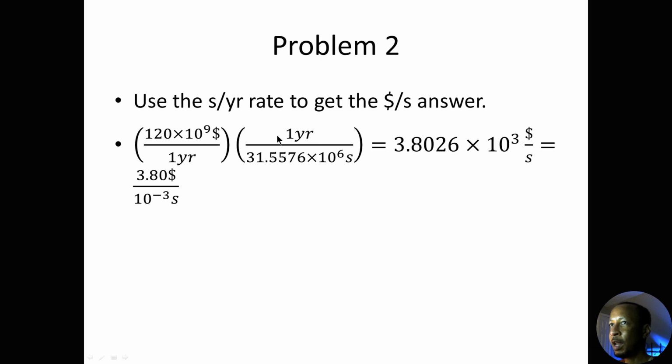I'm going to multiply that by 1 year per 31.5576 times 10 to the 6 seconds, and then I get 3.8026 times 10 to the 3 dollars per second, which equals $3.80 per 10 to the negative 3 seconds.